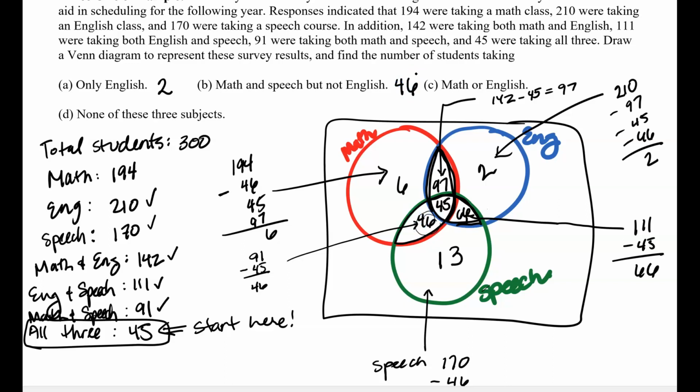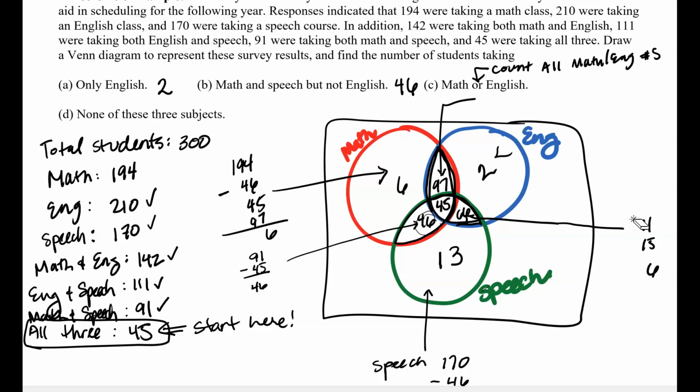C, math or English. So when you have an or, you're going to count all of the numbers. Or means count all math, English numbers that you can see. So I'm going to count, let me just erase this just so I have a little bit more room here. All of the math and English.